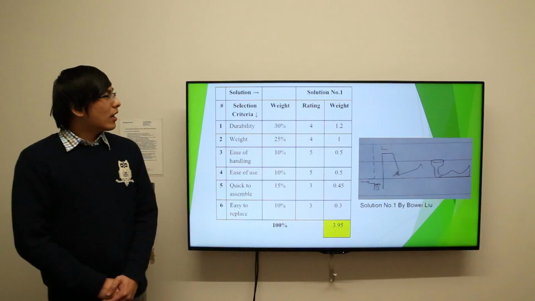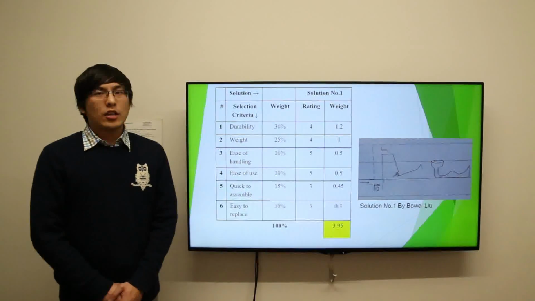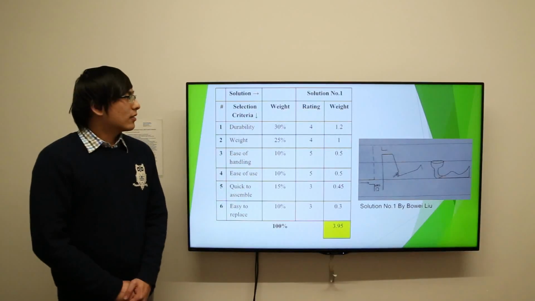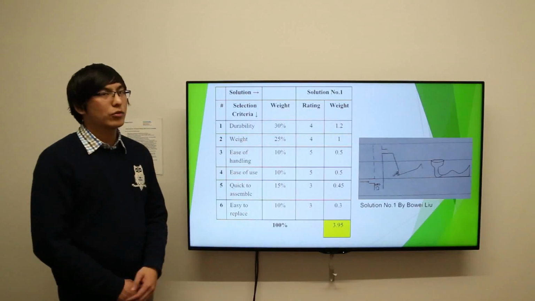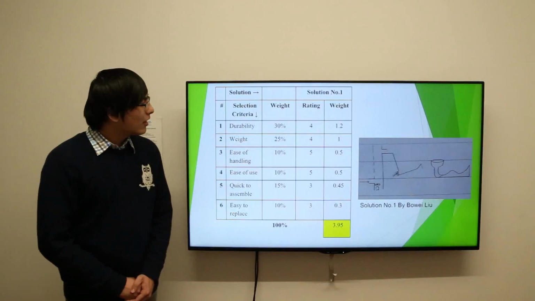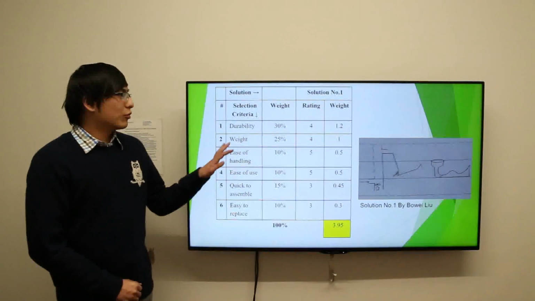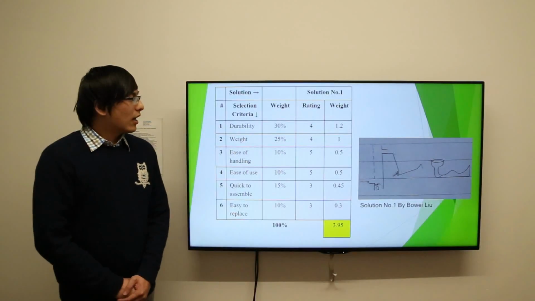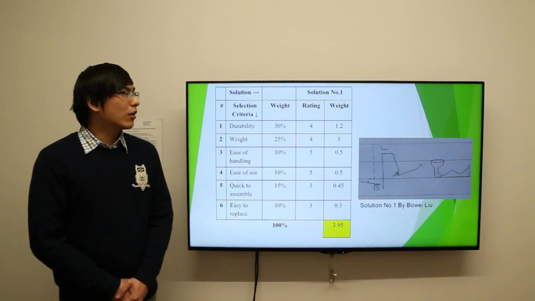Alright, here we can see a part of our concept scoring table, and we actually made 6 tables for all our 6 solutions. Here we show the winner. This is solution 1 from my teammate Bowie Liu, and we can see in this table we put a lot of weight on the durability part because we believe that if we can sell the product, as students it's going to be hard for us to provide maintenance after a while.